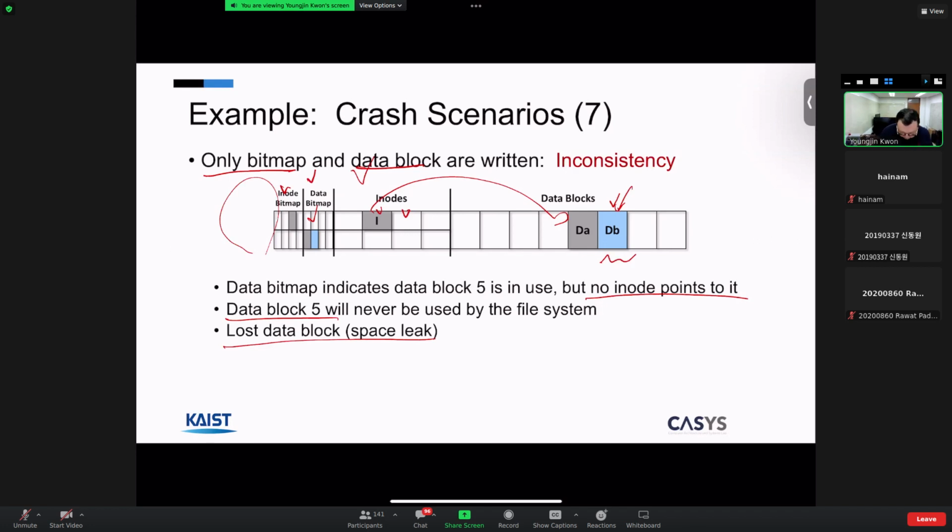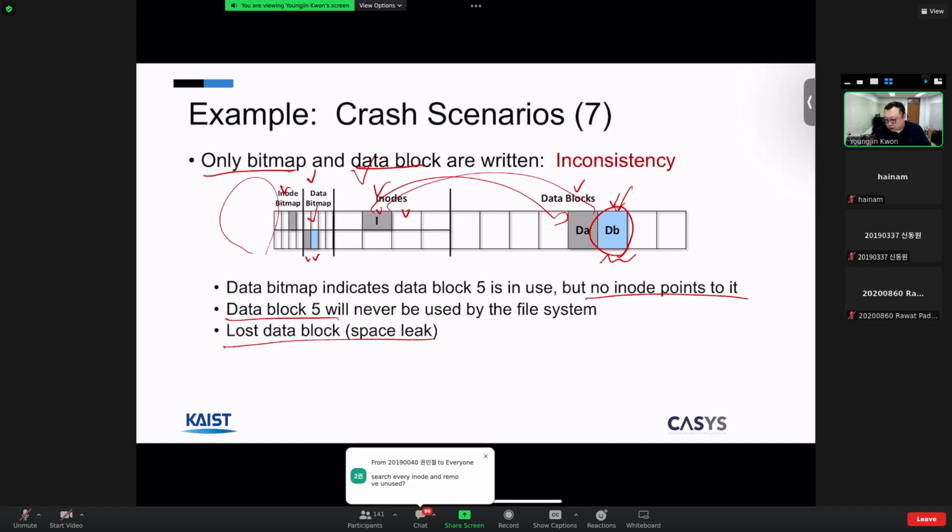It doesn't know. And the inode says it only has block 4, and the bitmap says 4 and 5 are in use. How to resolve this inconsistent state? No, it's impossible because you don't know whether this block was correctly written or not. So updating the inode is dangerous.